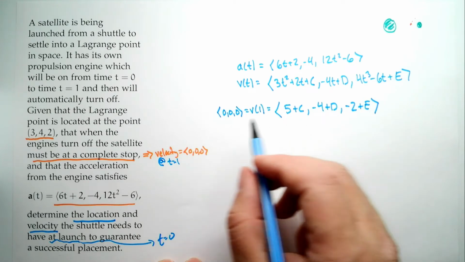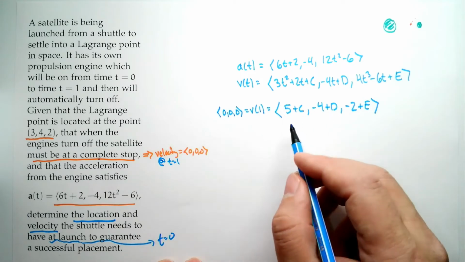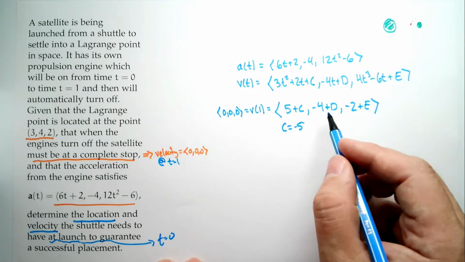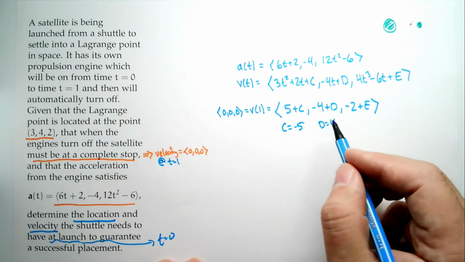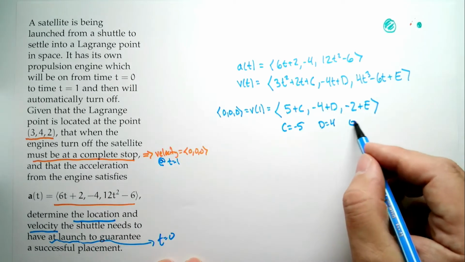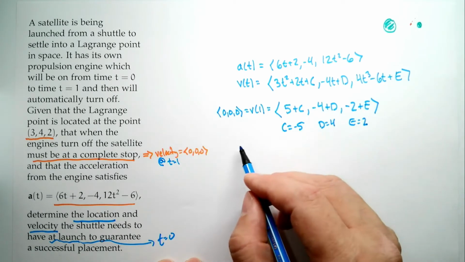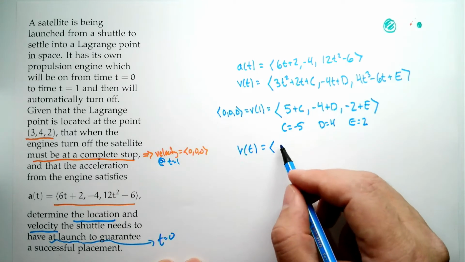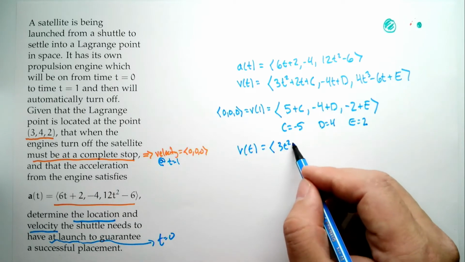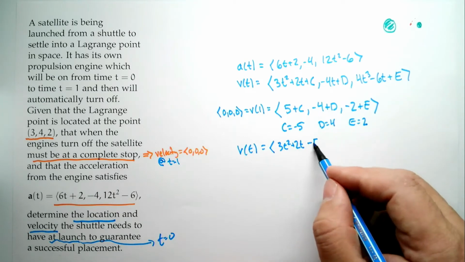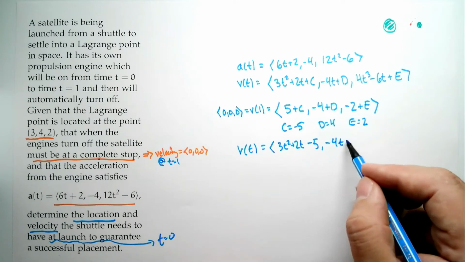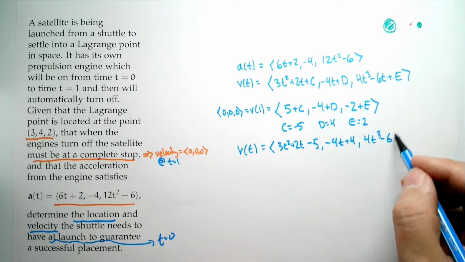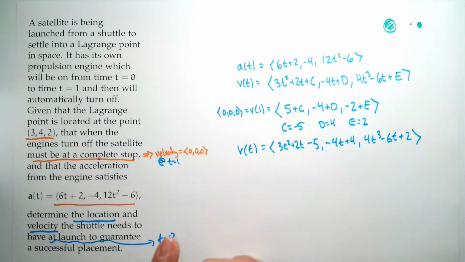So we just have these three equations. 5 plus c equals 0, so c equals negative 5. 0 is negative 4 plus d, so d equals 4. And 0 equals negative 2 plus e, so e should be 2. So we can now update our velocity. In fact, we know what our velocity function should be: (3t squared plus 2t minus 5, negative 4t plus 4, 4t cubed minus 6t plus 2). Now what?